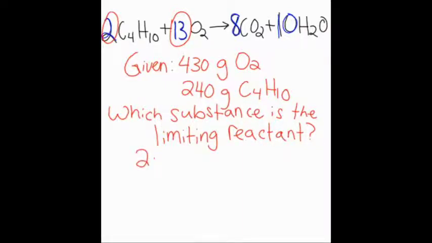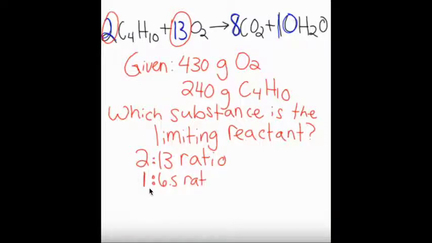So what we want to find out is what the ratio is between them. We've got a 2-to-13 ratio, better written as a 1-to-6.5 ratio, because we want to make sure one of them is a 1. That's going to be just a lot easier to understand. So now what we're going to be doing is dividing 430 by 240.